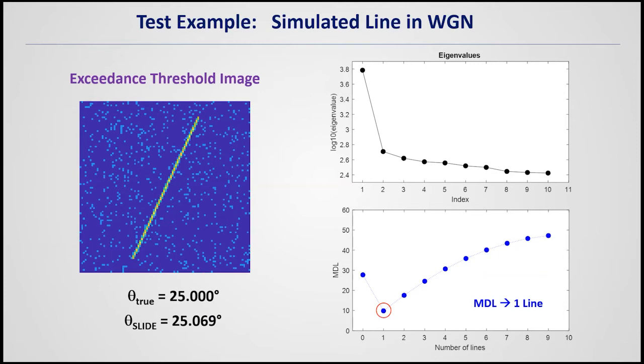It shows the signal clearly popped up above the noise eigenvalues, and the minimum description length algorithm worked very nicely. That circled blue dot in the red circle is the number of lines that it estimated in the image, and it was 1, so that is correct. And when you actually calculate the angle, you get 25.069 degrees, which is very close to the actual input value that was known for the truth.